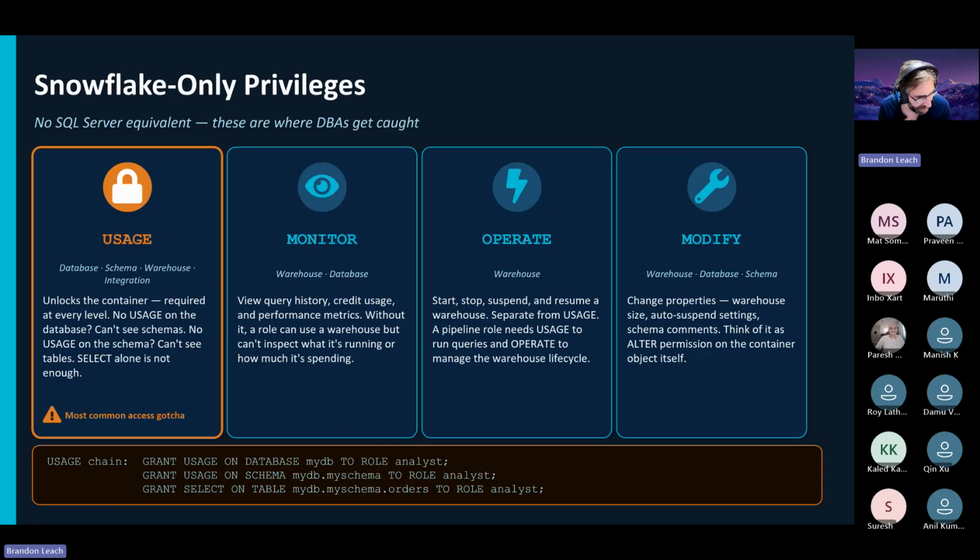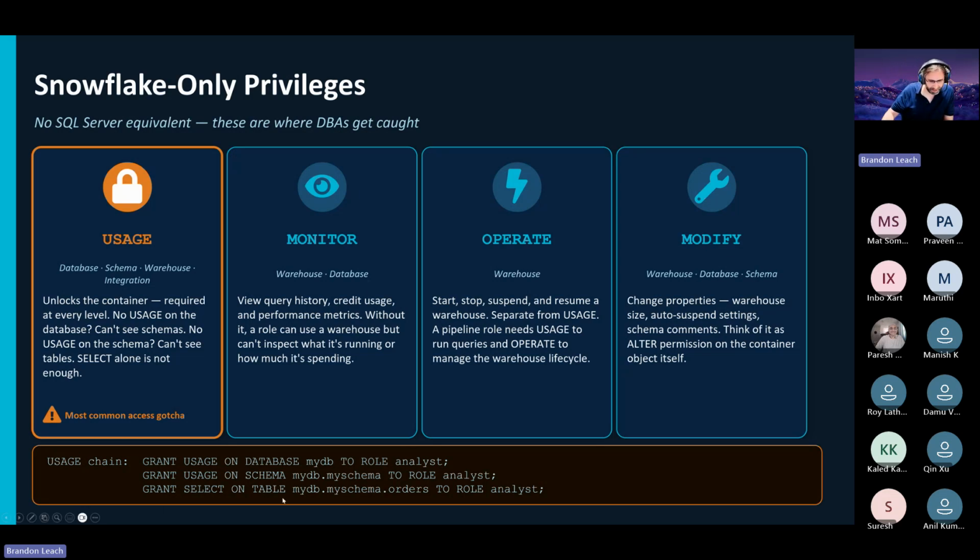Usage allows you to actually go in and use something. So like select out of it, insert, touch it, basically is what it allows you to do. Now, you need to grant usage to the user on the database, the schema, and the table. If you miss any one of those in the chain and you try to query that table, it will fail.